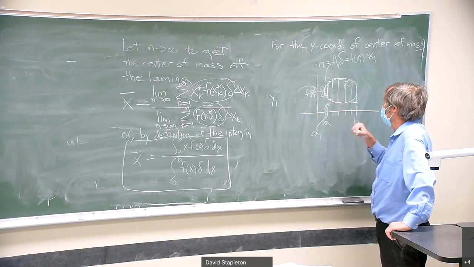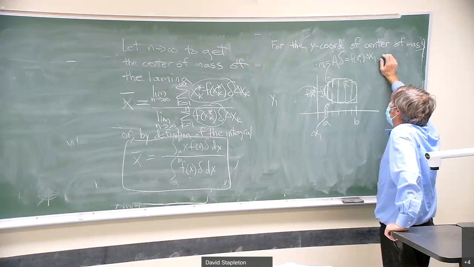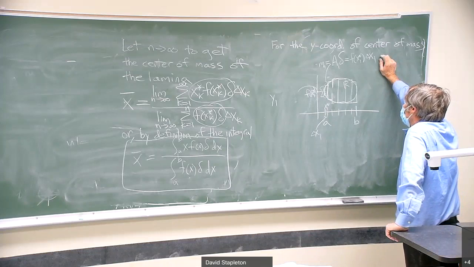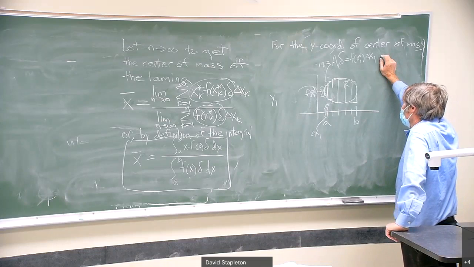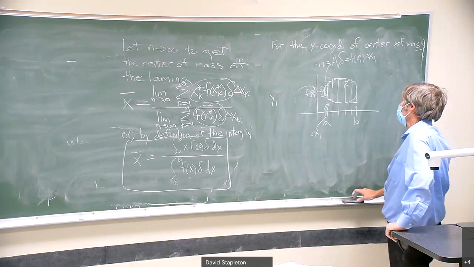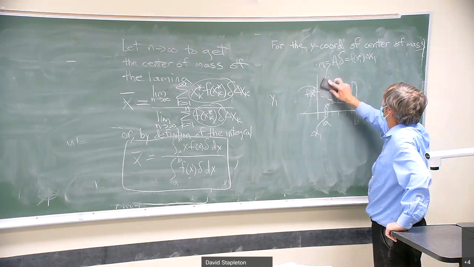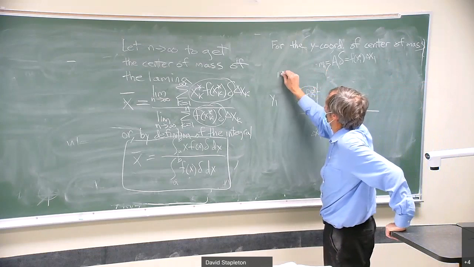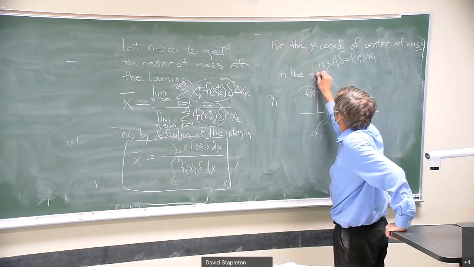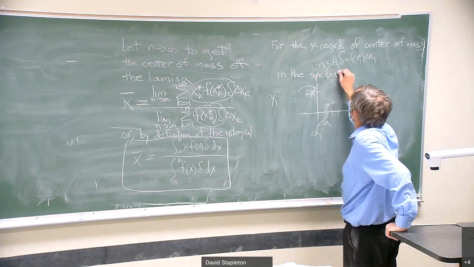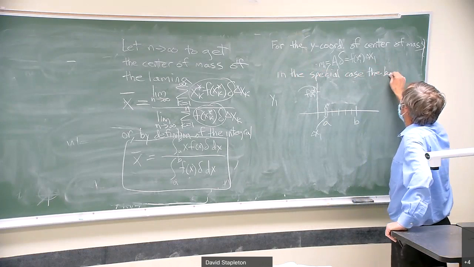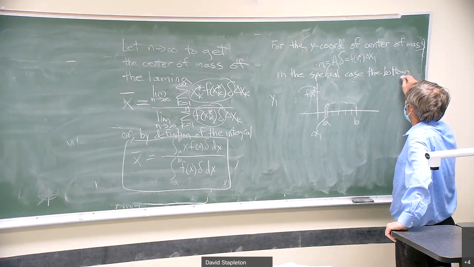This is not the way they wrote it in the book. I'm gonna have to simplify this region somewhat. For the y coordinate of the center of mass, we can only use this formula in the special case that the bottom is y equals 0. The other one works regardless.